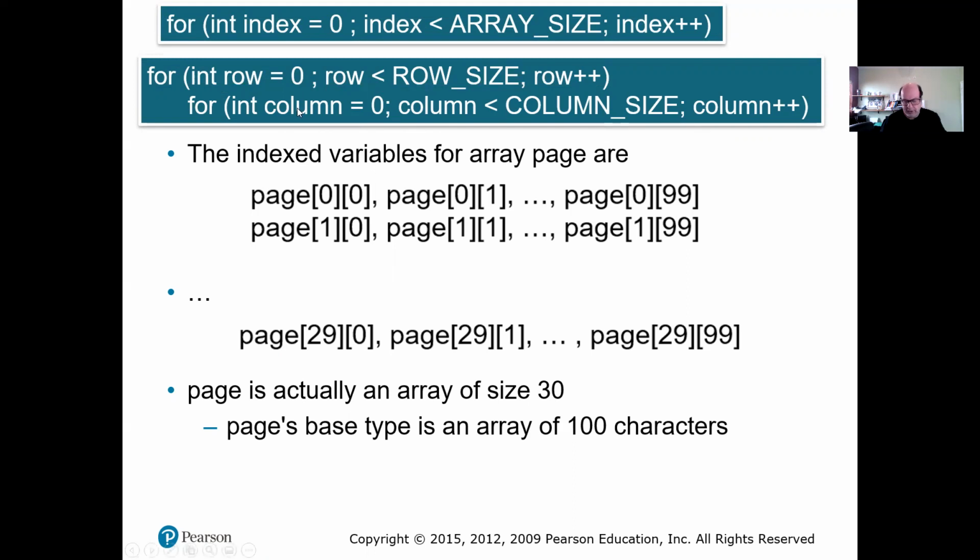I'm going to go, in the example that we had, column 0 to 99. Then I come back here, I'll go to the next row. So every time I finish the second or inner for loop, I'm going to the next row. In the inner one, I'm going through the columns.